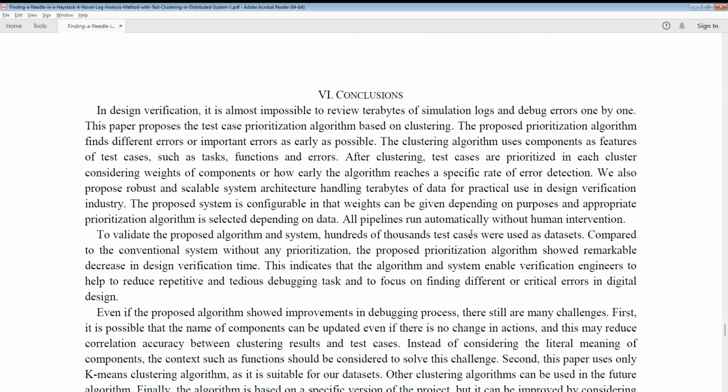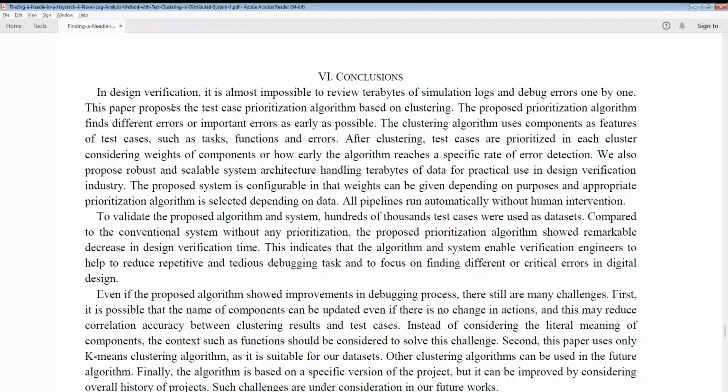6. Conclusion. In design verification, it is almost impossible to review terabytes of simulation logs and debug errors one by one. This paper proposes a test case prioritization algorithm based on clustering. The proposed prioritization algorithm finds different errors or important errors as early as possible.